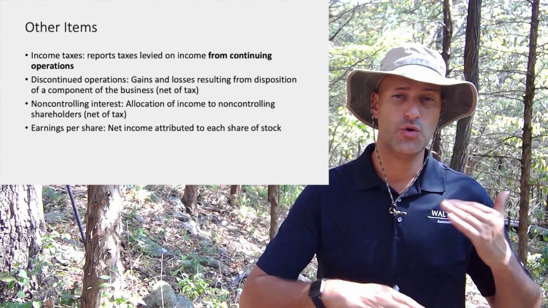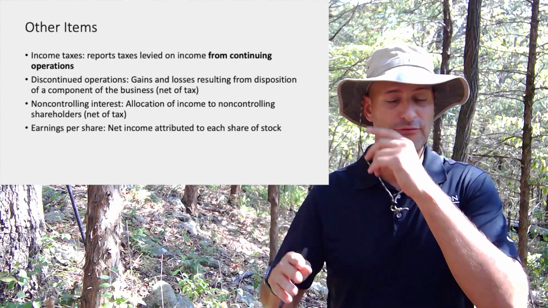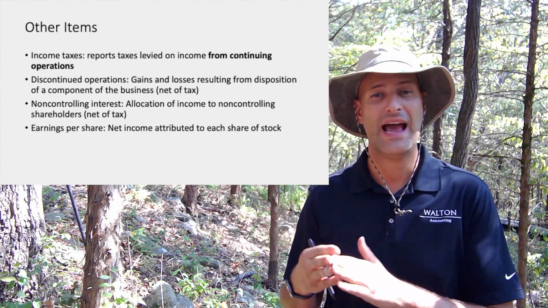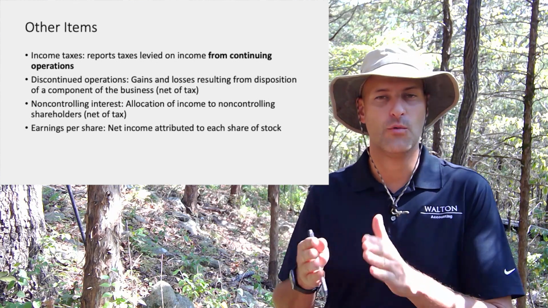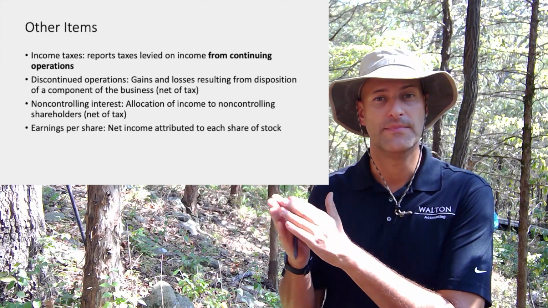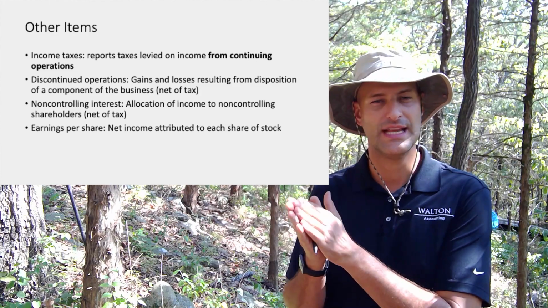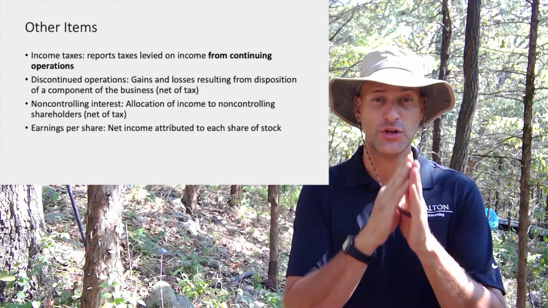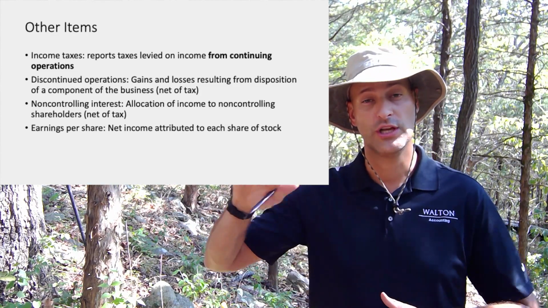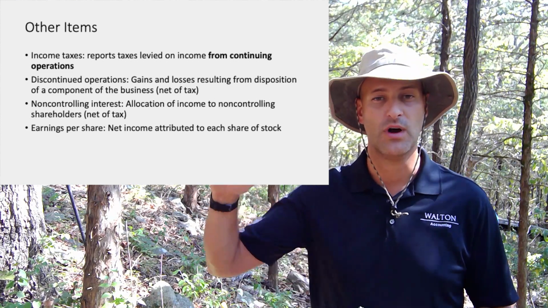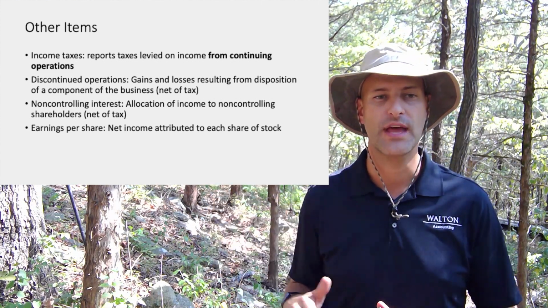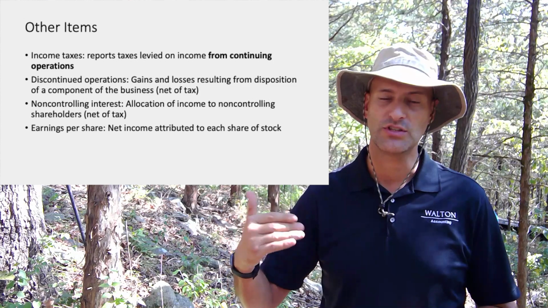So I worked through a lot of examples when I did the full lecture in terms of how we view income net of tax or intra-period tax allocation. If this is something you're struggling with, I encourage you to go back and walk through those examples or watch those examples as I walk through them until you really understand what's going on.